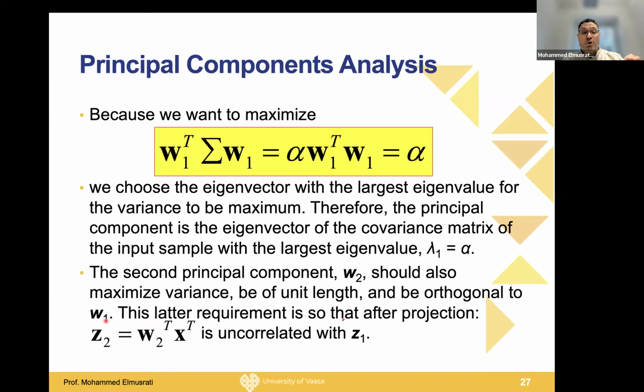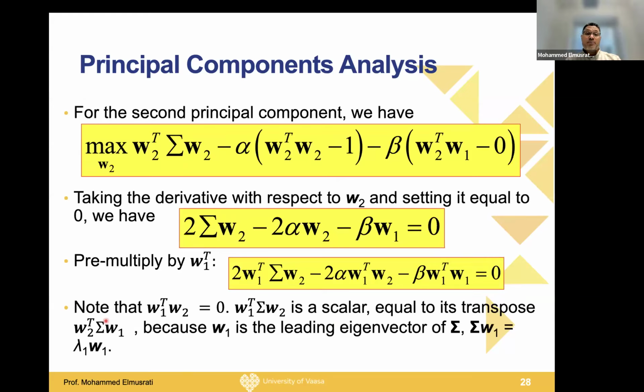What is the meaning of orthogonality? It means that W2 transpose times W1 should be 0. So this is what we did here. Now we extend our optimization problem a little. Now it is maximization for W2, and I maximize the same function as before, but now using W2, the second principal component, while also keeping the magnitude or the length of W2 equal to 1.